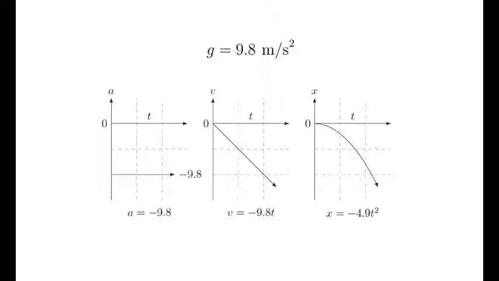It's not obvious, but I'm just asserting that the acceleration due to gravity is constant. And so every free fall problem where you have an object that's moving under the influence of gravity and nothing else falls in the category of the constant acceleration problems that we've been talking about today.